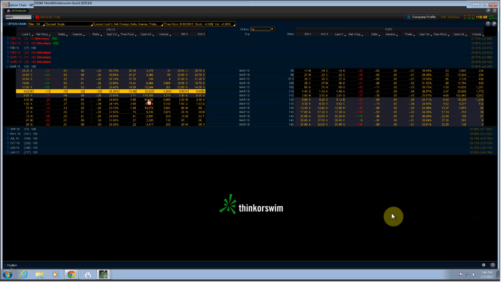And then tomorrow, that volume will start out at 0, and it'll trickle throughout the day. And the next day, tomorrow's volume will be added to the open interest. And it's consistent like that every day. The open interest is total traded except for today, and the volume is what was traded today.